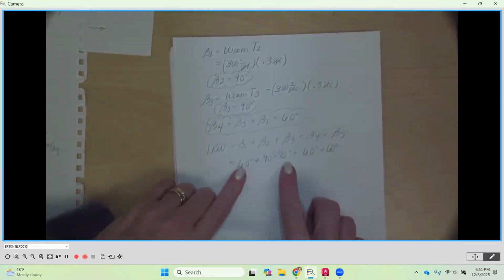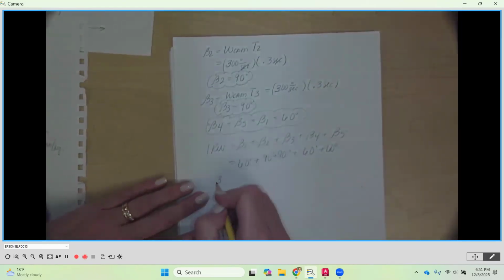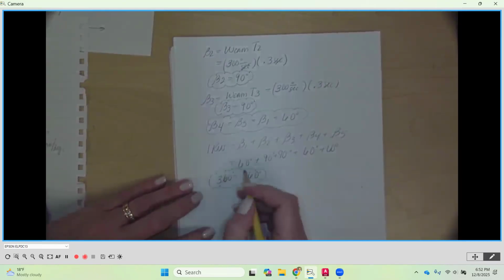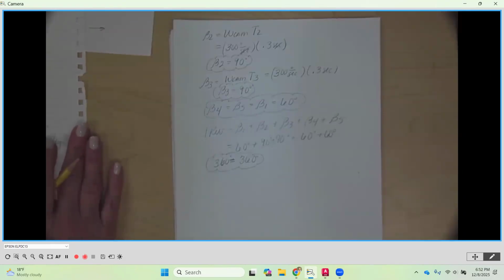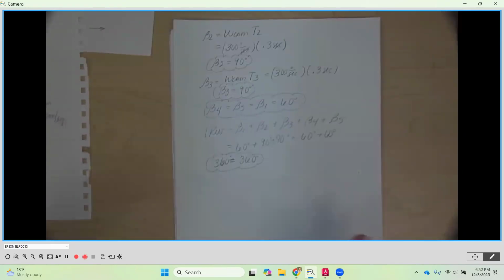We've got 180 plus 180, so 360 equals 360. They are equal to each other. Do you have to do this? Yes, I want you to, because these are very simple calculations and maybe you forget one by accident. I just want to be sure that you've got good numbers.